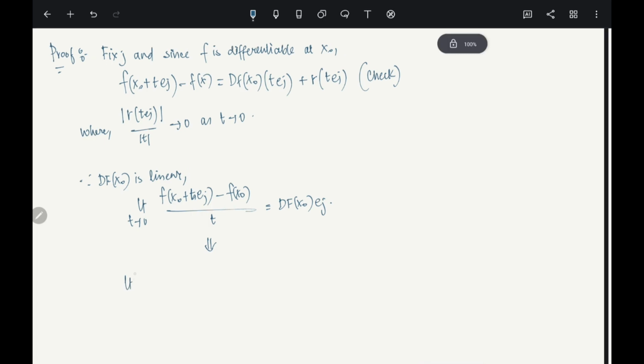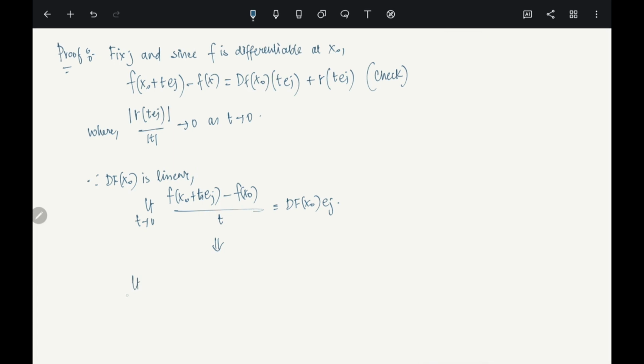So you can write it as the limit as t tends to 0, summation i equals 1 to m, of fi of x naught plus t ej minus fi of x naught, divided by t, and this is nothing but df x naught acting at ej.